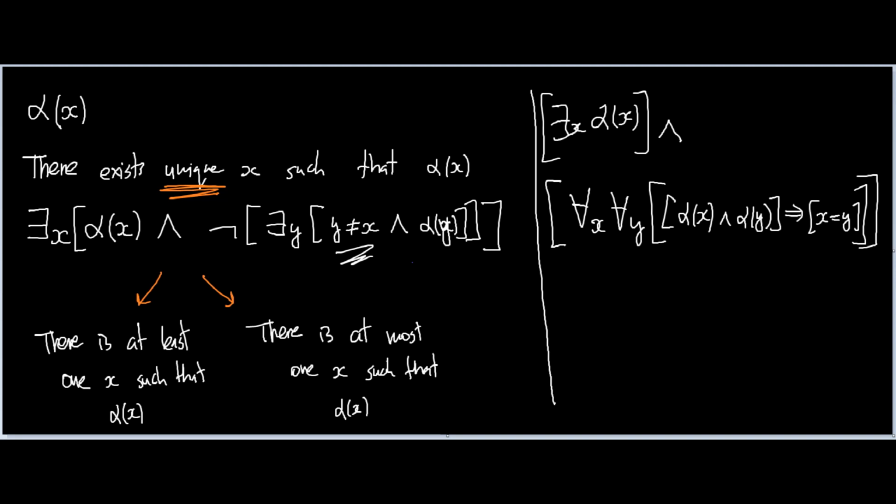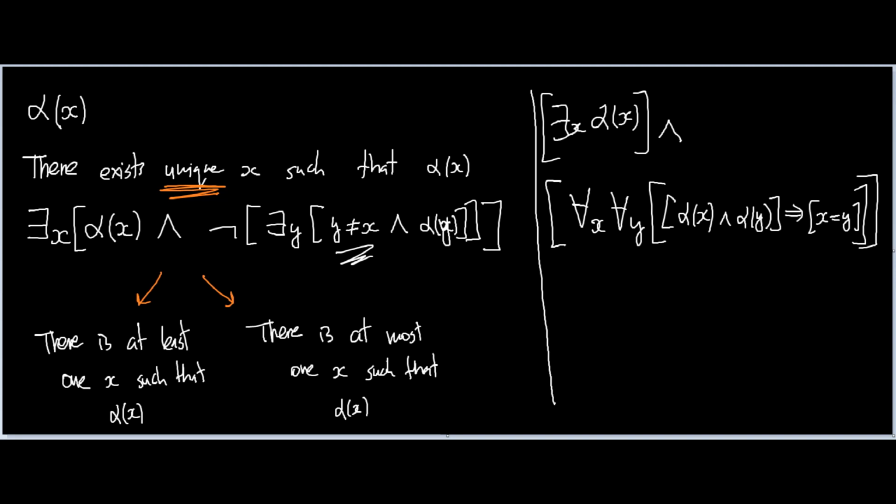Of course, these two different ways of expressing that there exists a unique x such that alpha x is true are supposed to be equivalent to each other. They're supposed to be equivalent through mathematical proof. So it should be possible to prove that if one holds, then the other will hold, and vice versa. So in other words, it should be possible to prove the following.